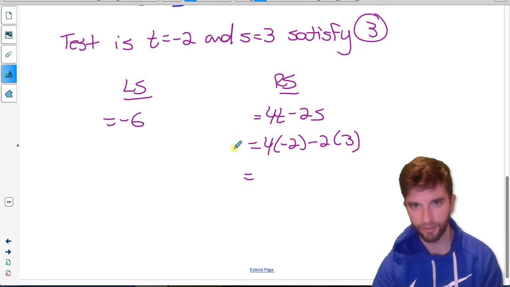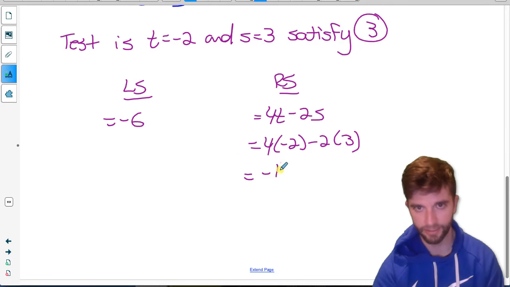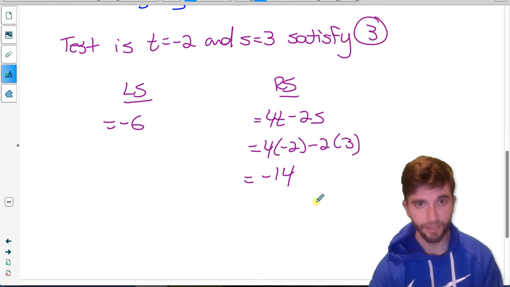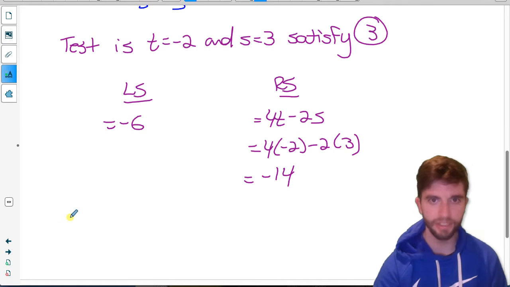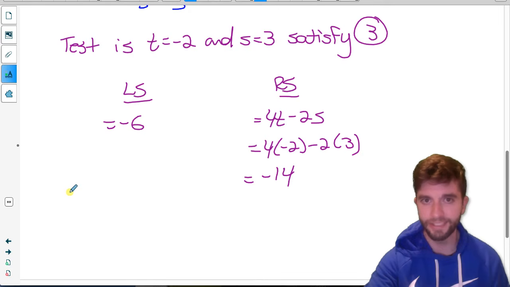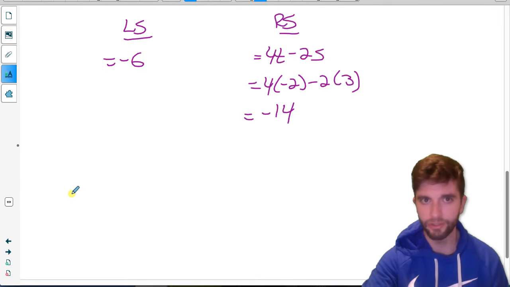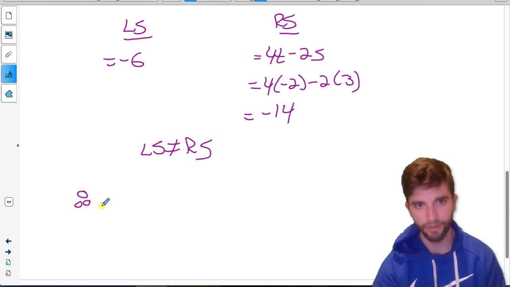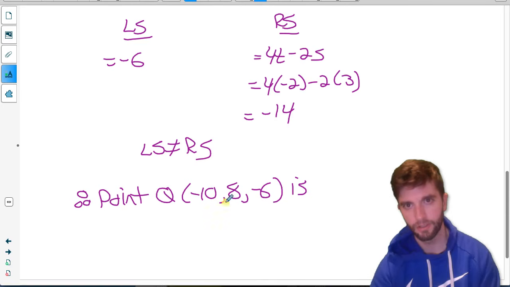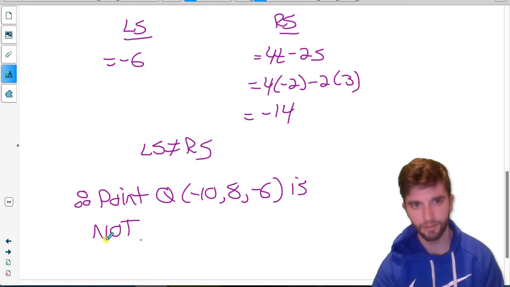Negative 8 minus 6 gives me negative 14. So notice the left side and right side are not equal. That tells me that the point is not on the plane. There's not a single set of t and s values that make all three equations true. So since left side does not equal right side, I could say point Q is not on the plane.